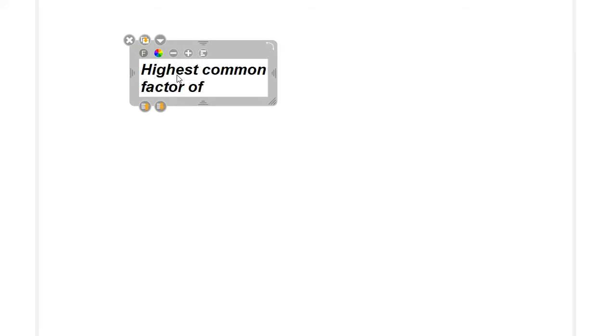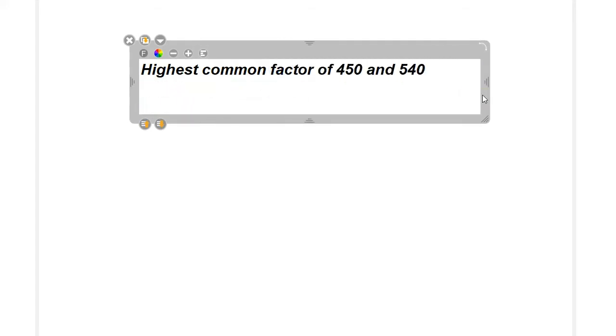Let's say we want to find the highest common factor of very large numbers, let's say 450 and 540.